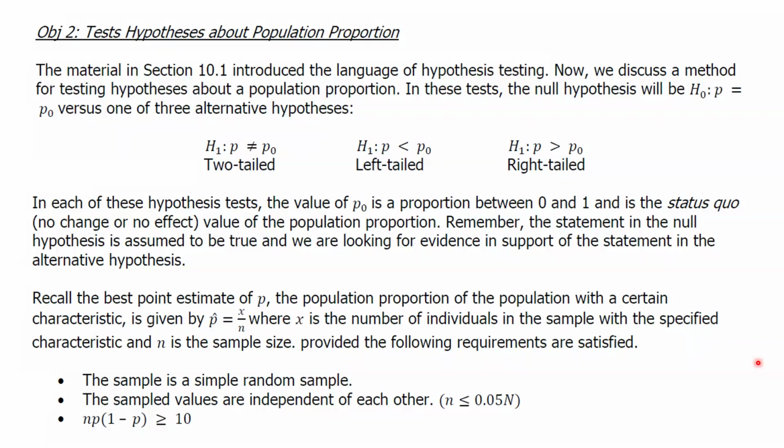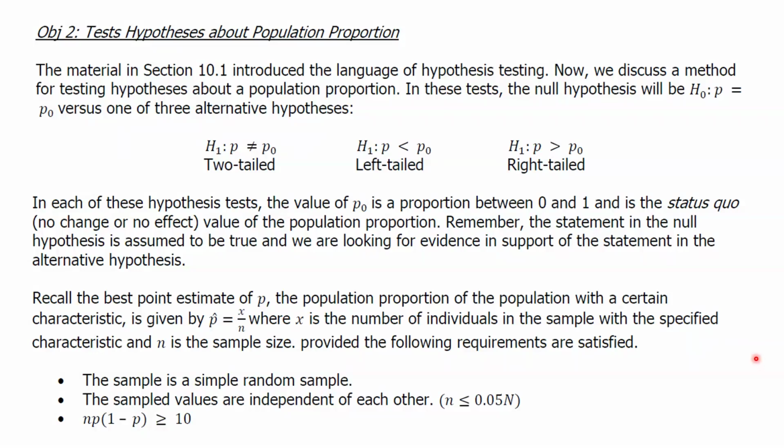So think of p naught as the business as usual proportion. For example, if we've always believed that 50% of voters support a candidate, then p naught would equal 0.5. And that would be our starting assumption until the data proves otherwise.